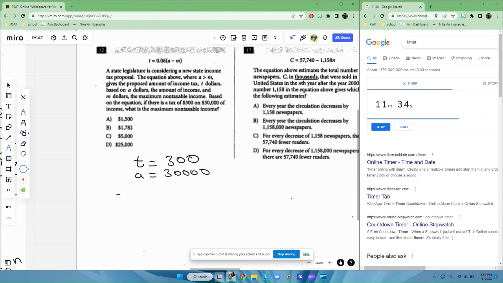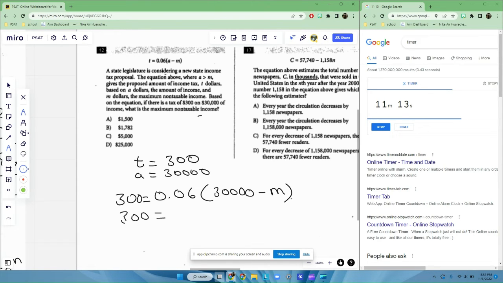All right, so 300 is equal to 0.06 times (30,000 minus m). Now, 300 is equal to 30,000 times 0.06.